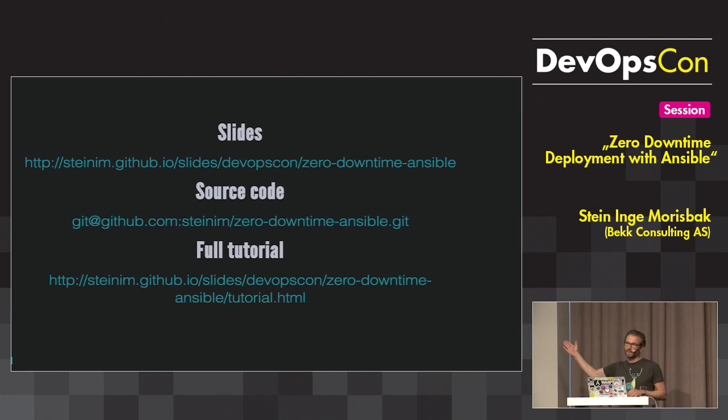But please visit my GitHub repo, and you can do the full tutorial. Download the code, try it yourself. I've set it up with branches, so just do git branch, and you'll see task 1, task 2, task 3, and you can walk through those. Find all the information at my GitHub site.